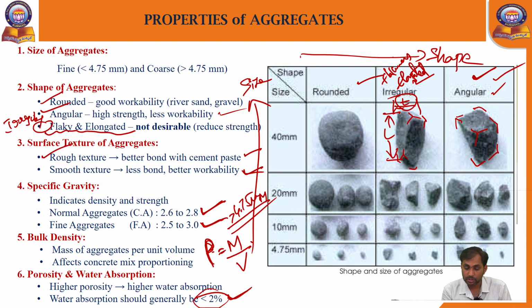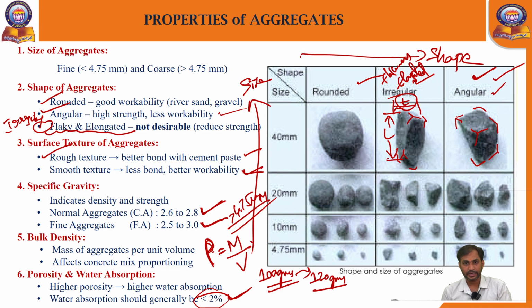Okay, done. So for example, if you are taking 100 grams of aggregates, after dipping into the water for 1 day, nothing but 24 hours, the weight will increase. For example, 120 grams.